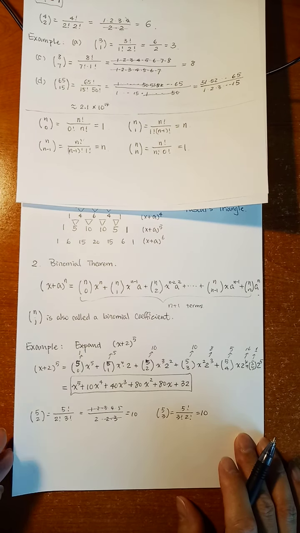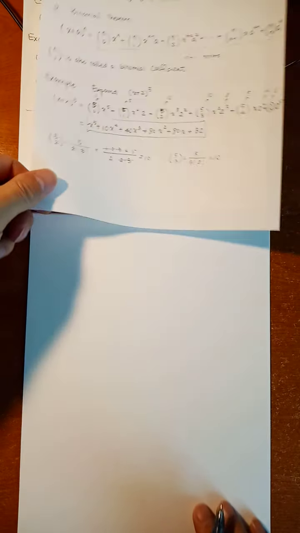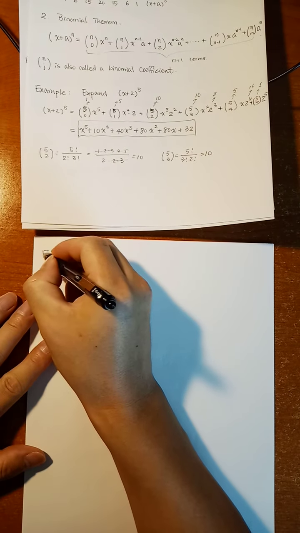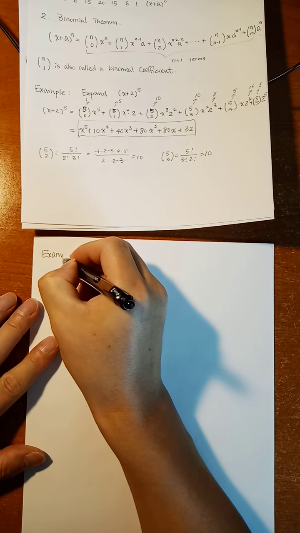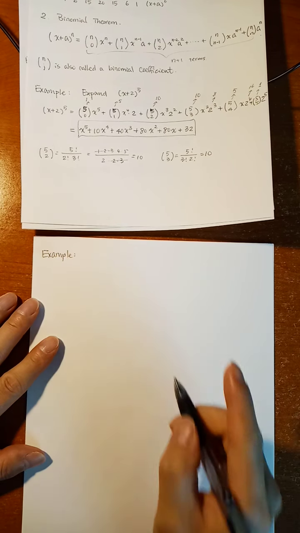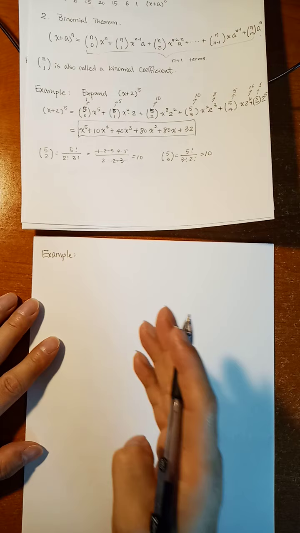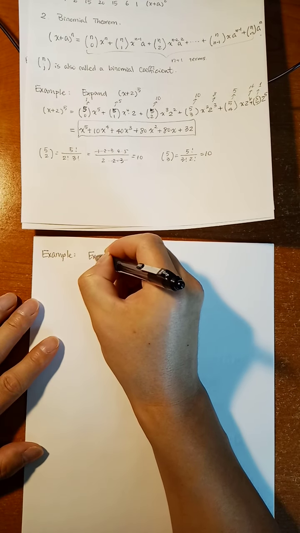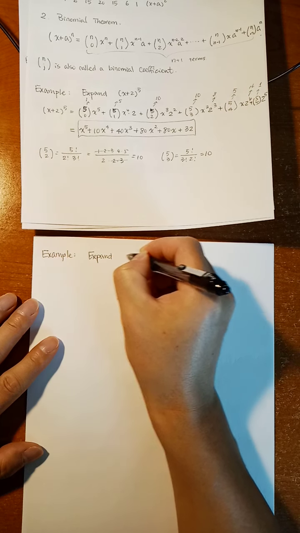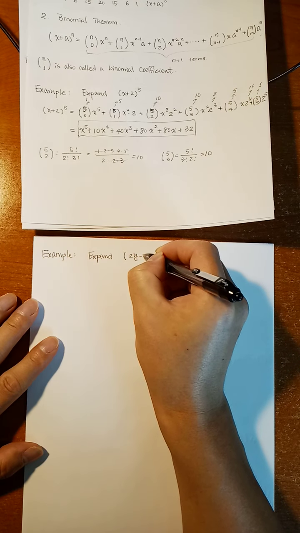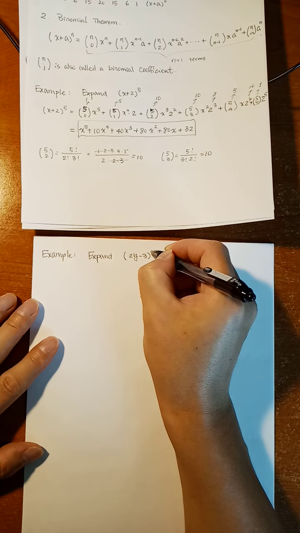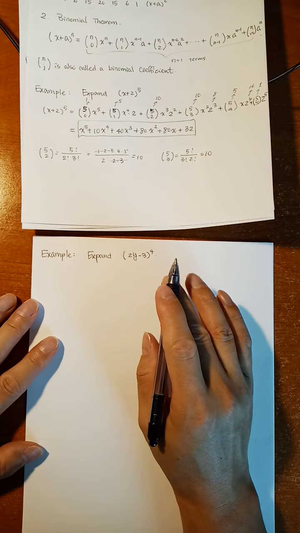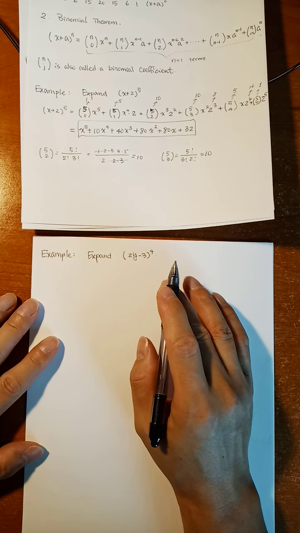Okay, next, let's see more examples. The binomial theorem can only be applied to x plus a to a certain power. If we have 2y minus 3 to the 4th power, we also want to apply the binomial theorem.